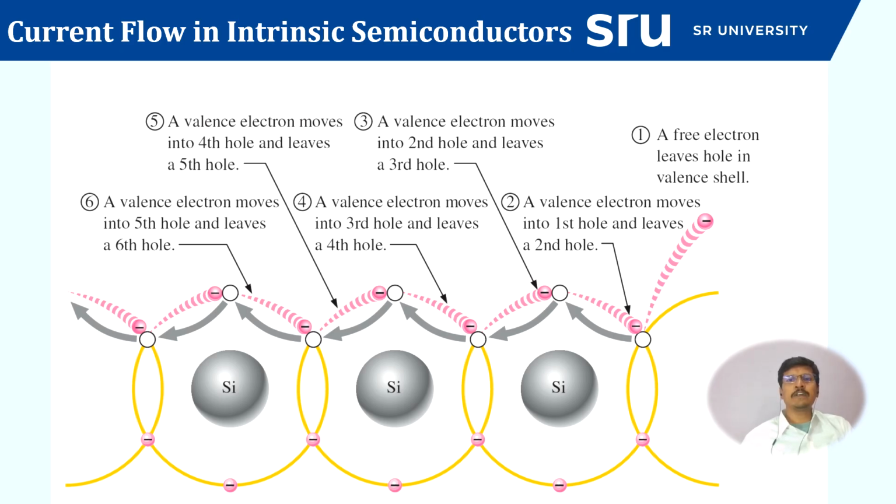The conductivity of intrinsic semiconductors depends primarily on temperature. As the temperature increases, more electron-hole pairs are generated. The carrier concentration increases, so the conductivity also increases and the resistivity decreases.